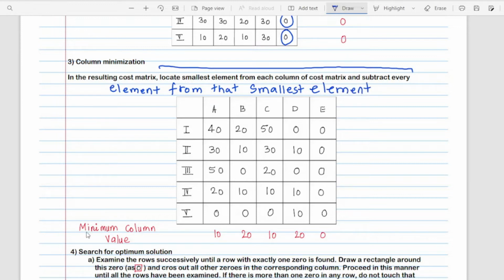So here we check the minimum column values. The minimum entries are 10, 20, 10, 20, and 0. From each column we subtract its minimum entry. The resulting cost matrix we get is 40, 30, 50, 20, 0, and so on.